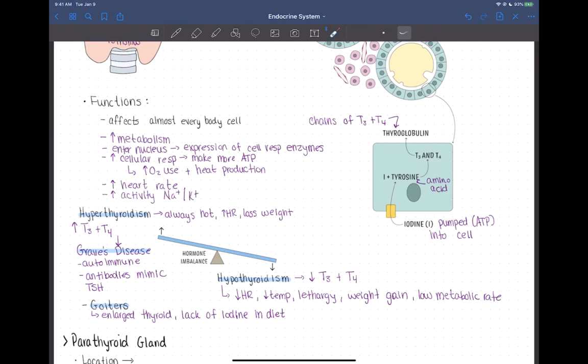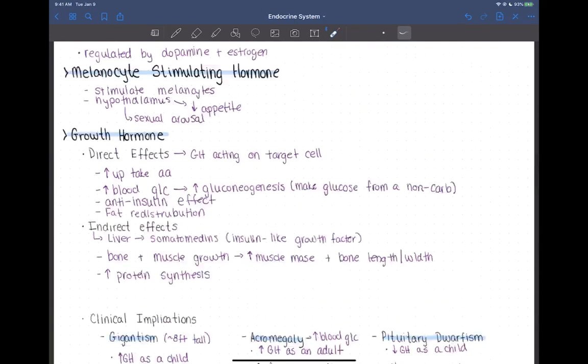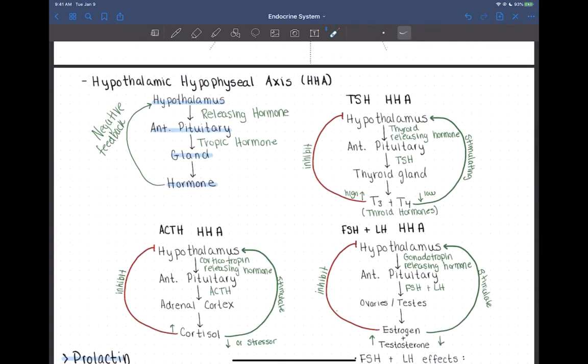And so if we recall that hypothalamic hypophyseal axis, let me just scroll back up really quick. We'll take a look at it. All right, for the thyroid gland, so this one up here. Okay, so if this individual is not making enough of our T3 and T4, so it's low, that is going to stimulate the hypothalamus. Hypothalamus is going to release thyroid releasing hormone onto the anterior pituitary.